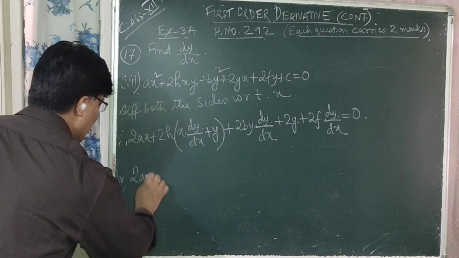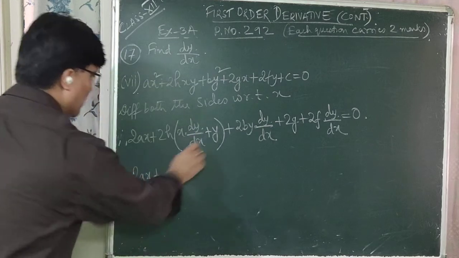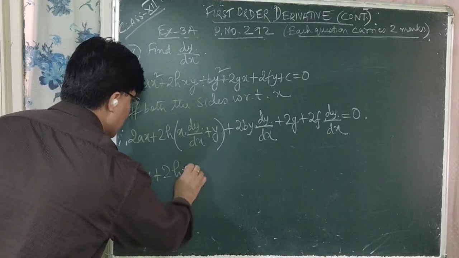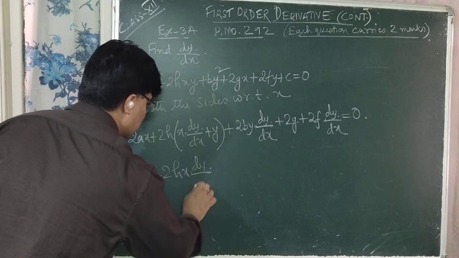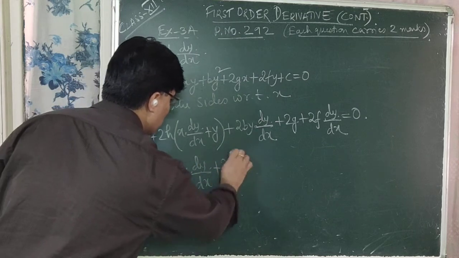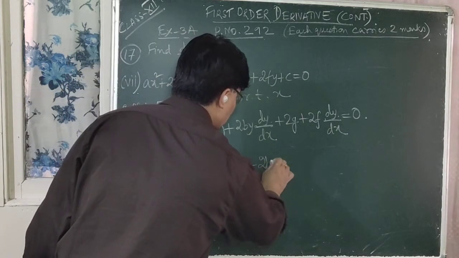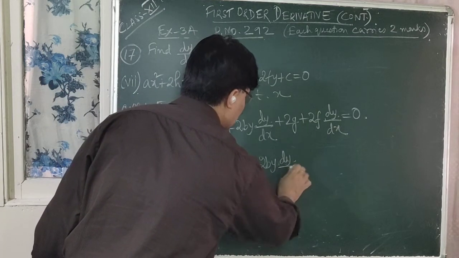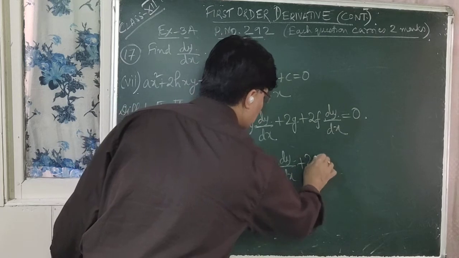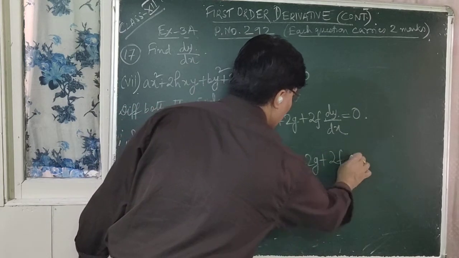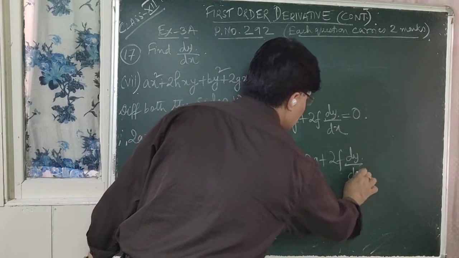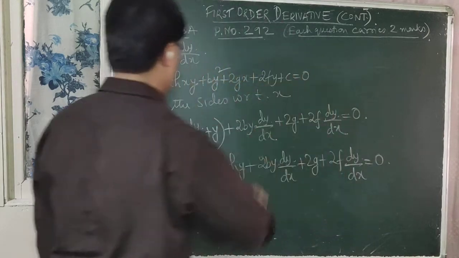Now let us simplify it. This is 2ax plus multiply by 2h, 2hx dy by dx plus 2hy plus 2by into dy by dx plus 2g plus 2f dy by dx is equal to 0.